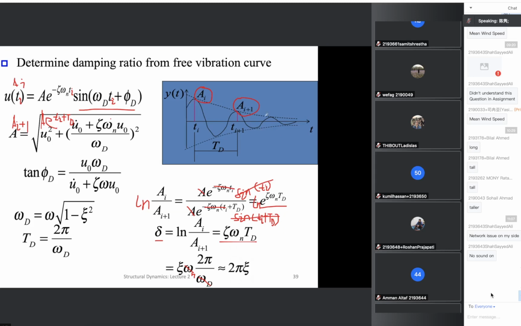If you plot this data in a figure, you will have a curve similar to this one. You need to give me the frequency and the damping ratio of the system. I hope I'm clear.